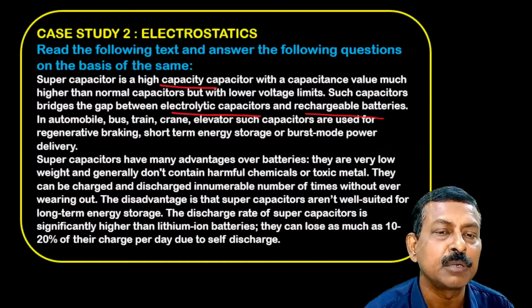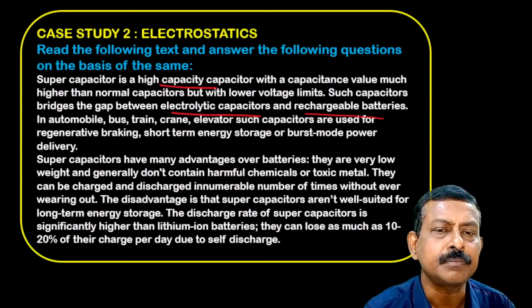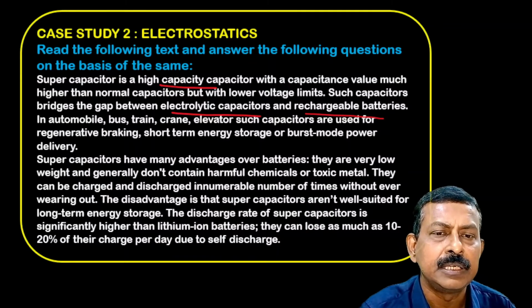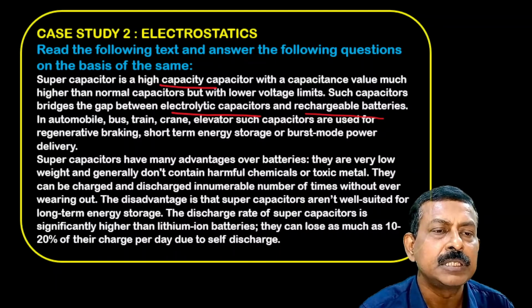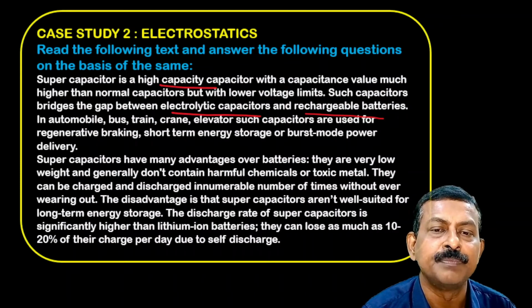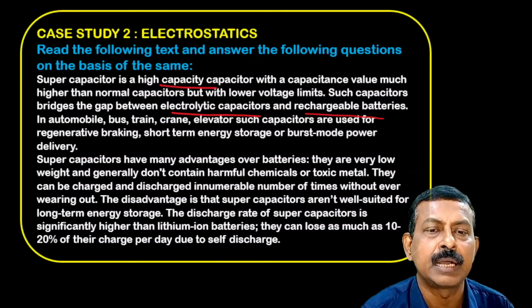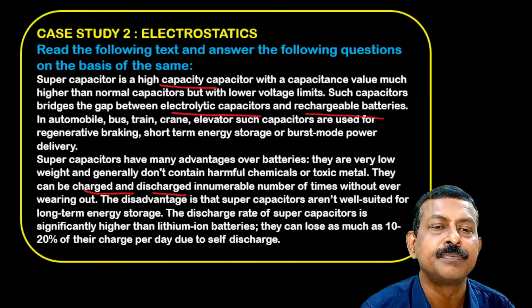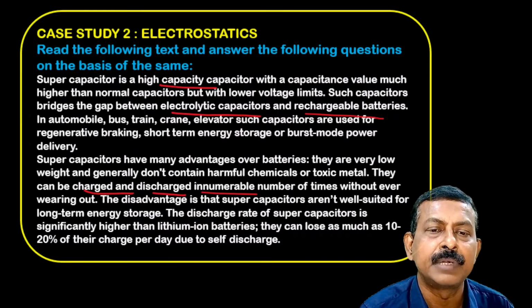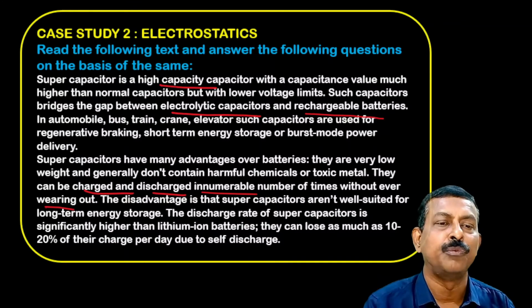Again, for this case, let's see the reference here. These supercapacitors have many advantages over batteries. They are low weight and generally do not contain harmful material, and these can be charged and discharged innumerable number of times without even wearing out.